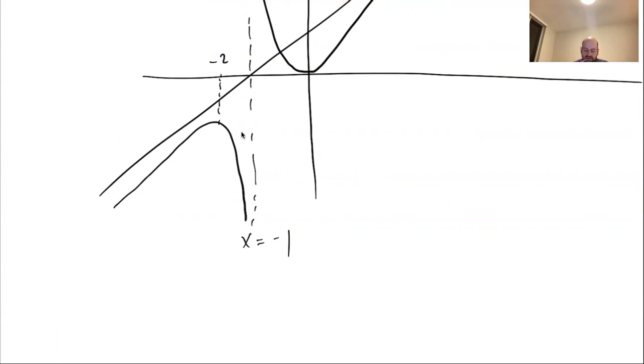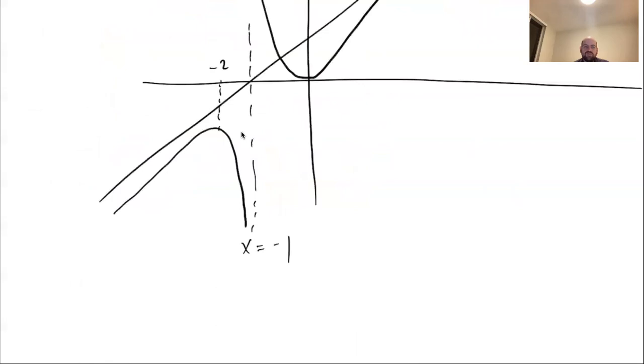And how much is the y value? We can find the y value by just putting into the function. In the sign chart, we find the x value of the local max and min. But when you want to sketch the graph, you also need the y value. So you can easily find the y value by simply plugging into the formula for the function.